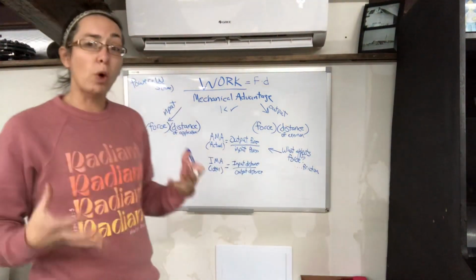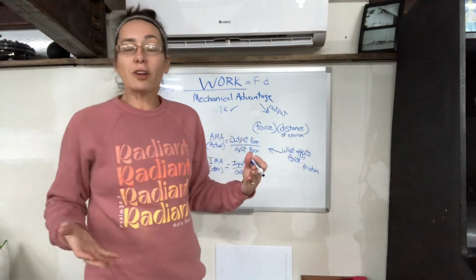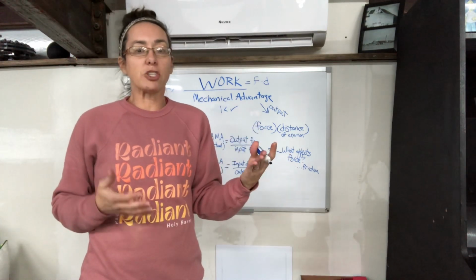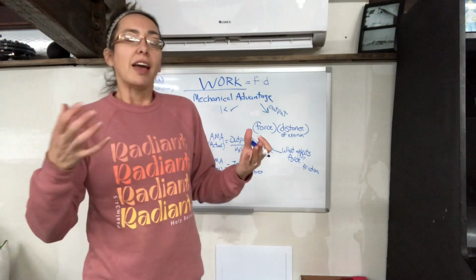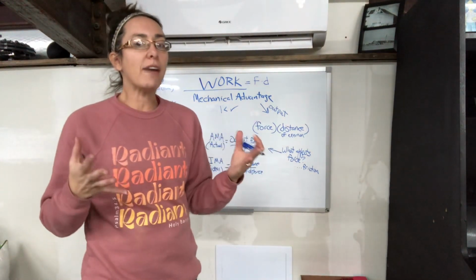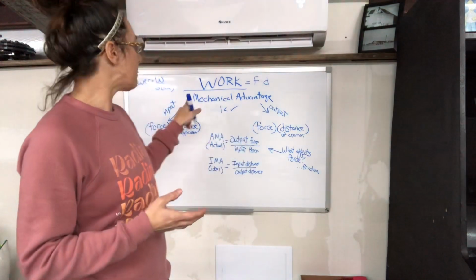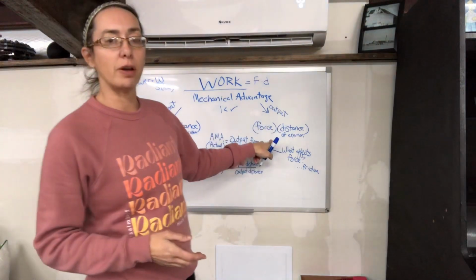So if work is force over a distance, are there different options? I think we've seen that. We've seen static friction, kinetic friction. We've seen static energy and kinetic energy. So we're always having these two different sides of it. Well, when it comes to work, we have our input work and we have our output work.